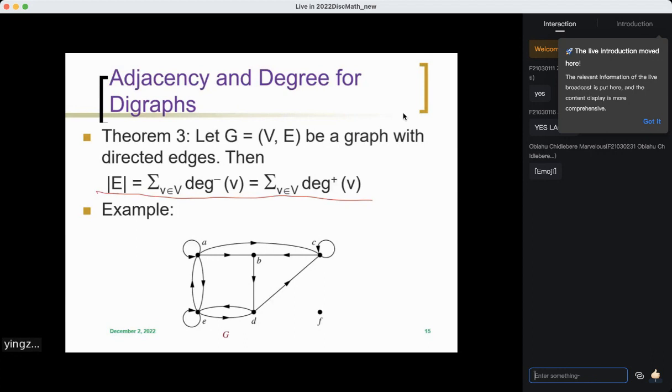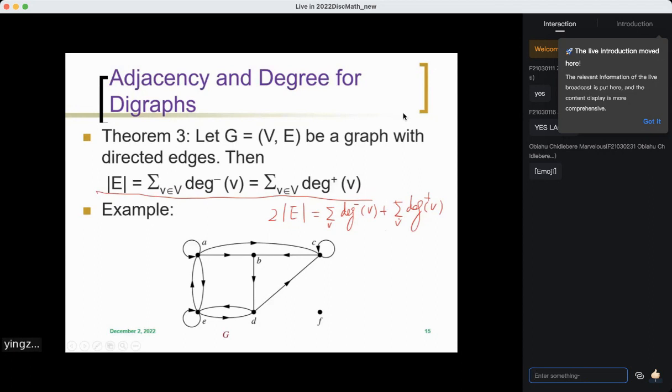For row 1, they are also satisfied. That means all together we can say it is 2 times the edges, the double edge also equal to the in degree plus out degree.